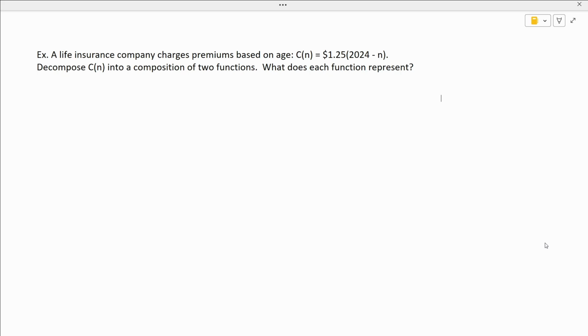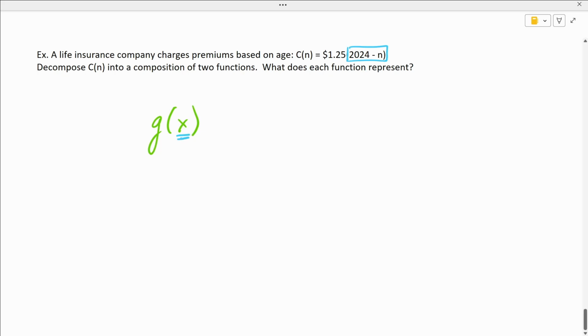Well, this looks to me like I have this piece here, and then whatever the answer to that is, I'm timesing it by 1.25. So one of my functions, let's call it g, is taking this whole thing as the input. Let's do that in blue.